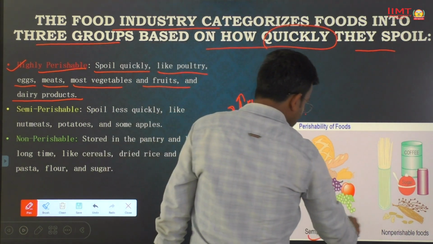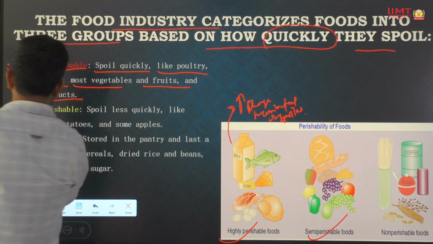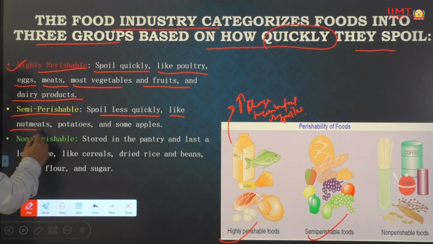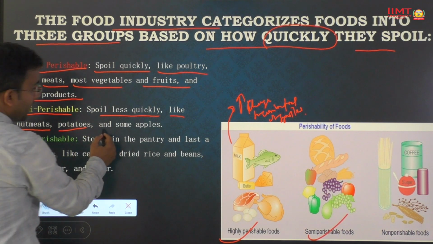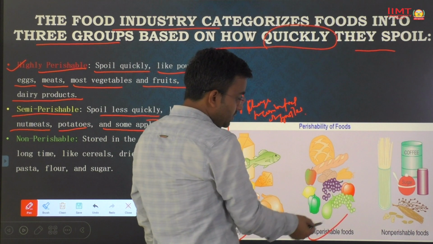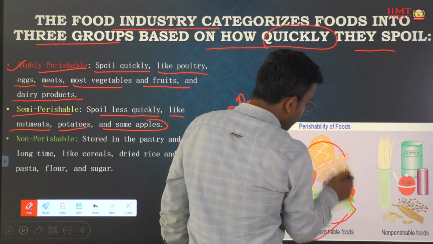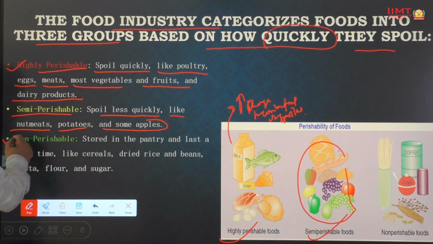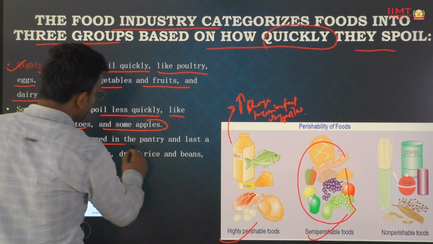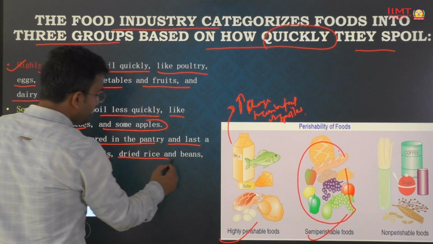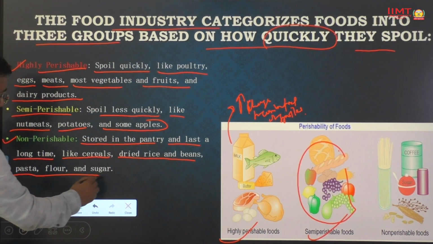And the second is semi-perishable foods. Semi-perishable foods spoil less quickly, like nutmegs, potatoes and some apples; these fruits are semi-perishable foods which spoil slowly. And non-perishable foods are stored in the pantry and last long, like cereals, dried rice, beans, pasta, flour and sugar.